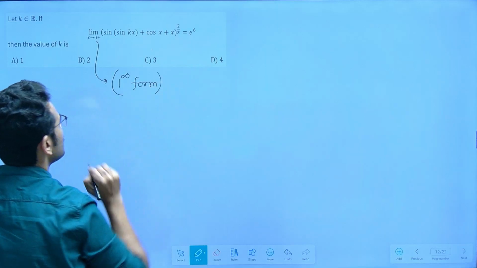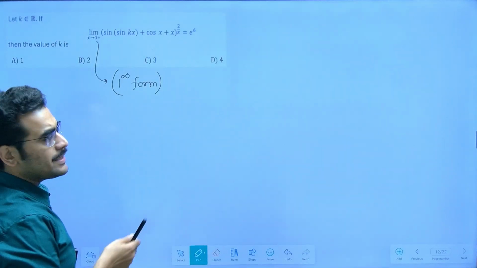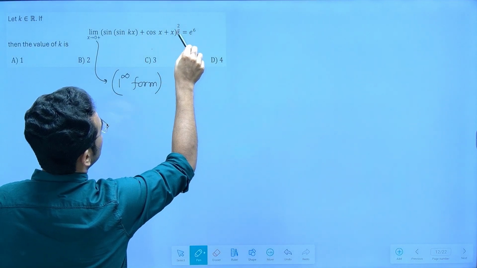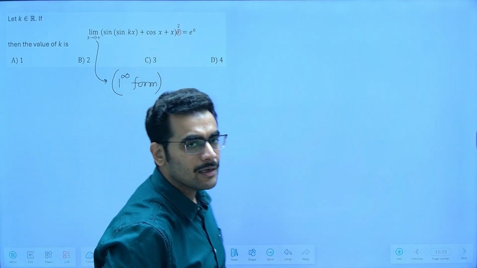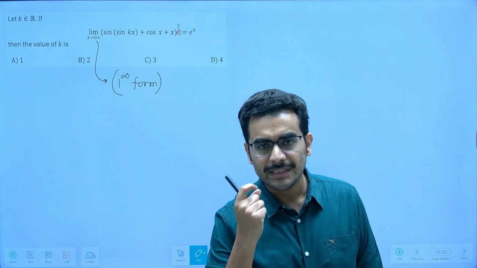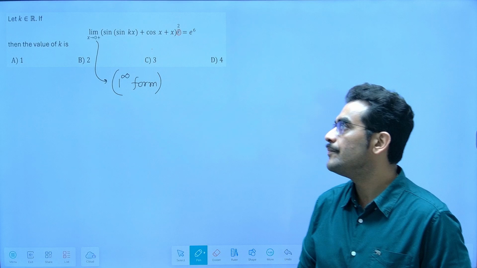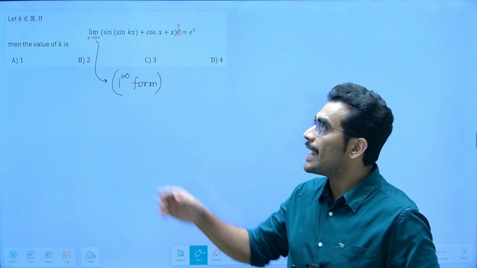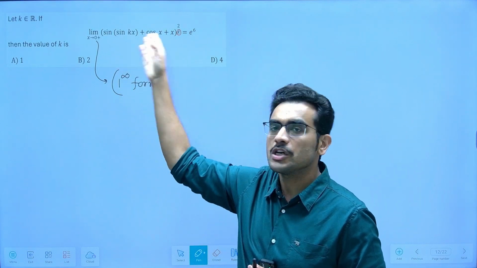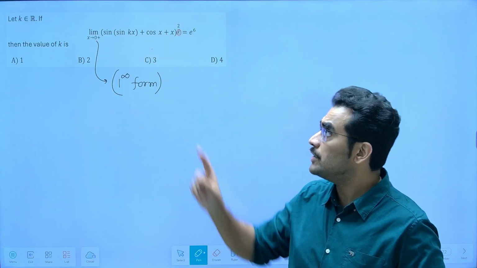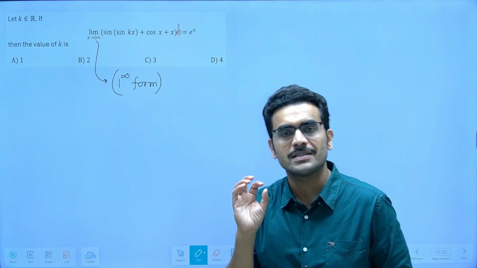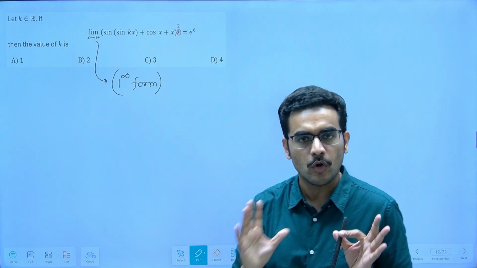In 1 to the power infinity form, you have 2 by x, that is a linear term in x. So for simplicity, you can take the linear approximation of the base, because only the linear term in x is what we need to compare.